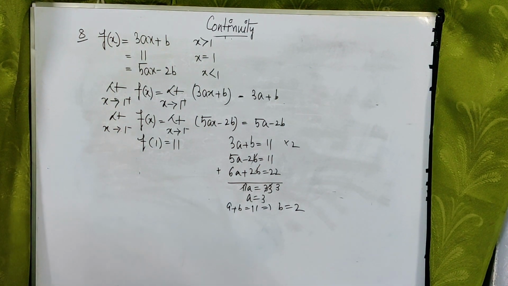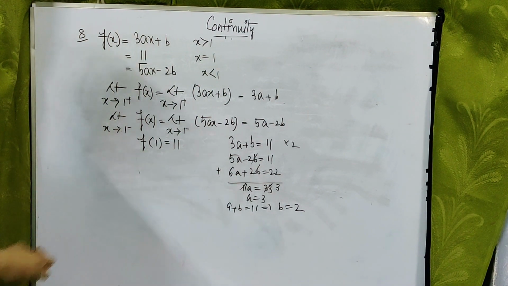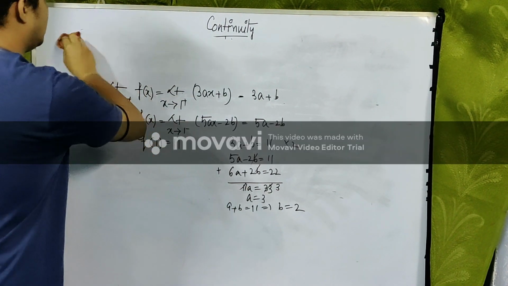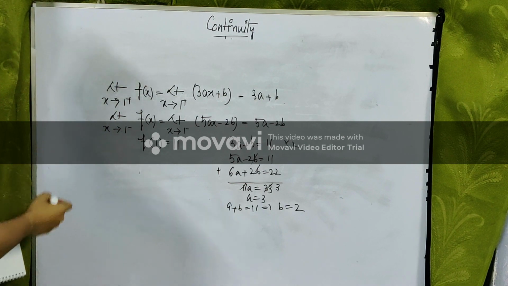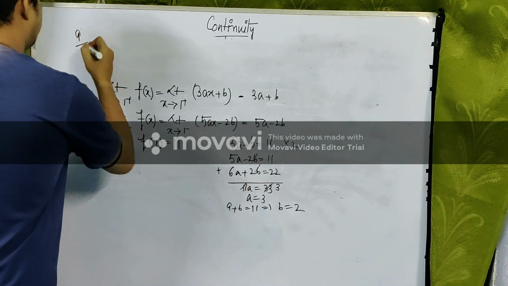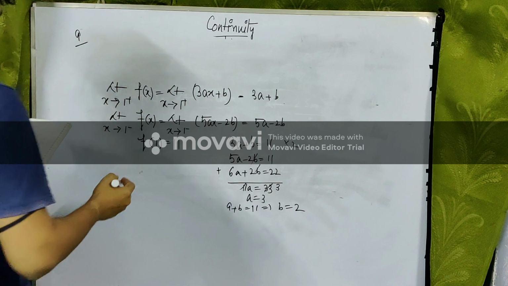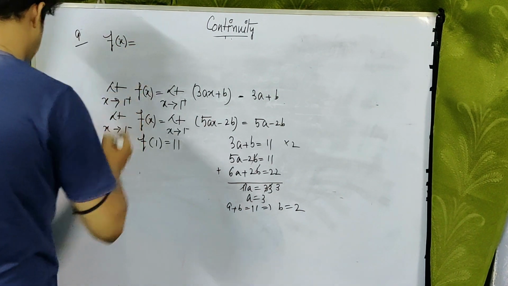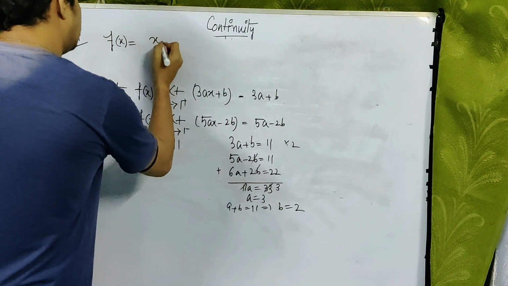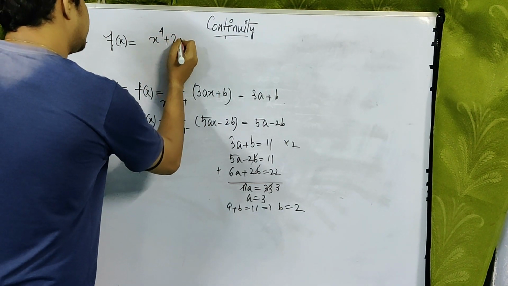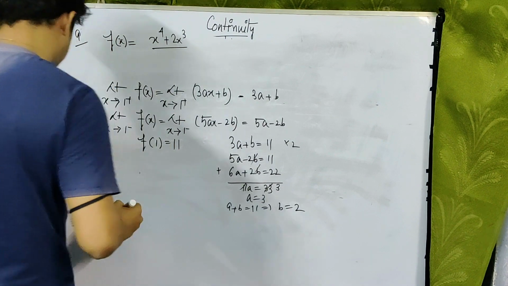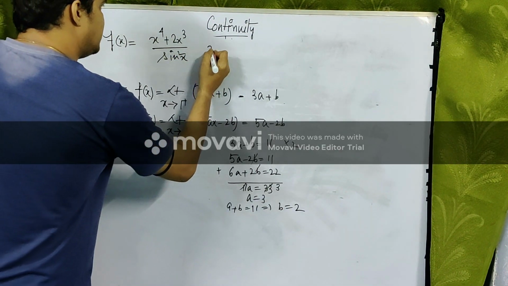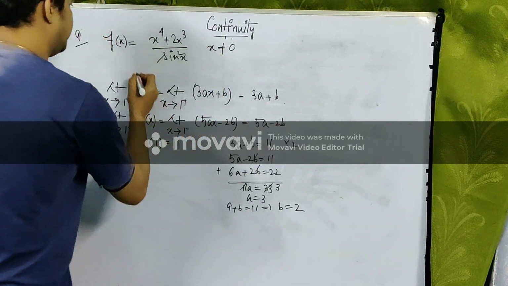Next one. In question number 9, we have fx equals x to the power 4 plus 2x cube by sine square x when x is not equal to 0.